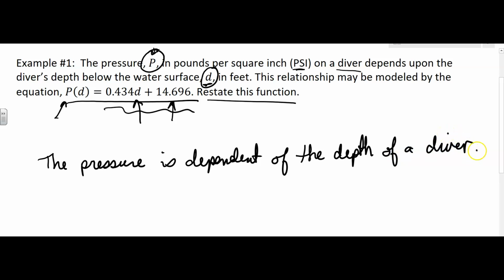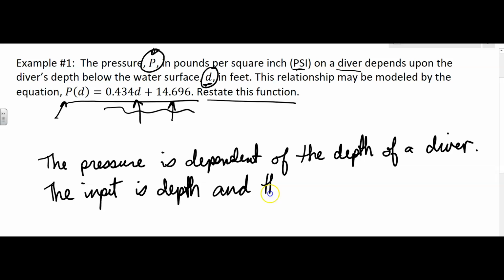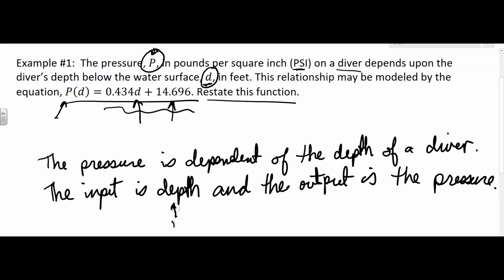So the input is the depth and the output is the pressure. Now, if you wanted to talk a little more about it, you could say the depth is being measured in feet and the pressure is being measured in PSI or pounds per square inch.